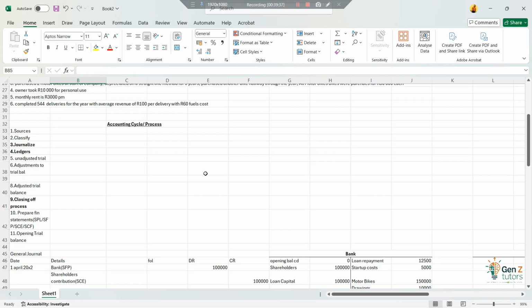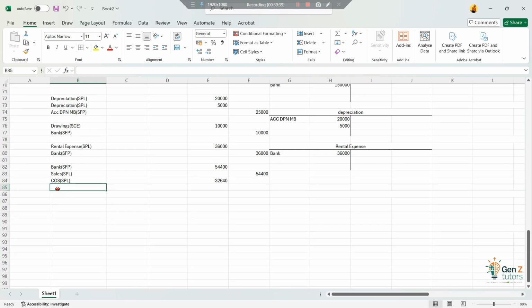So at this point in time, we're going to credit what? Our bank. You understand? Bank SFP, credit our bank over here, and then we are done with that transaction. But had we had a fuel reservoir tank for the company, then we would have had to credit inventory over here. You understand? So that's what you also need to take into account.